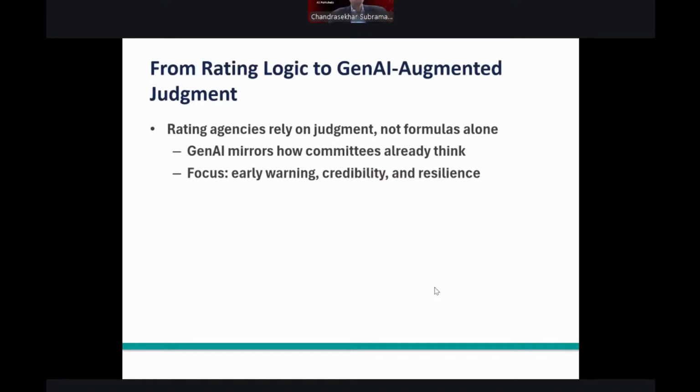From here I have put the rating logic. Rating agencies, most of them, rely on judgment. That is fine, there is no problem in that. But there are 2-3 issues with this. Most of them wait for the audited balance sheet to come, which takes quite an amount of time between what is happening and what is likely to happen.